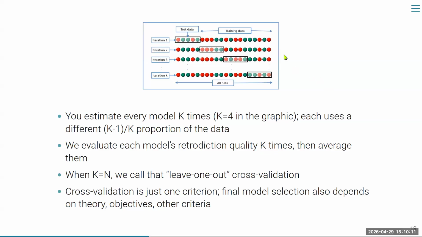And so this version has a picture to kind of visualize this process. If we fix capital K to be 4, so we're operating within quarters of our data set, we're going to estimate each model 4 times. And then each time we estimate it, we'll hold out 1/4 of the data and then use the trained model to make predictions within that held out quarter.